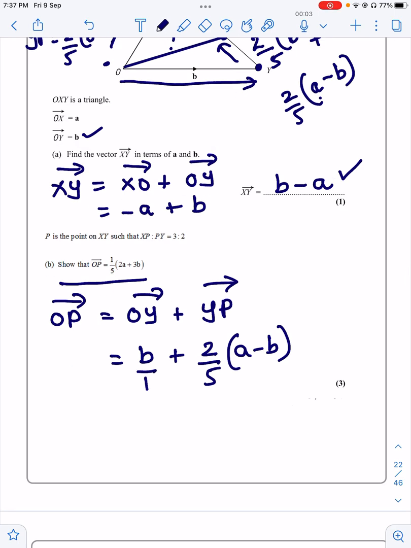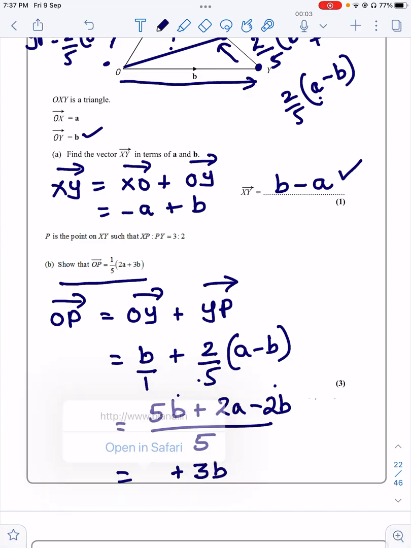I first write upon 1 here, and then 5 will be multiplied to b, so 5b, and 1 will be multiplied to the bracket, 2 into a is 2a, 2 into b is minus 2b, upon 1 into 5 is 5. Now can I solve? Yes, 5b and 2b I can solve. 5b minus 2b is 3b and 2a upon 5 is my answer.